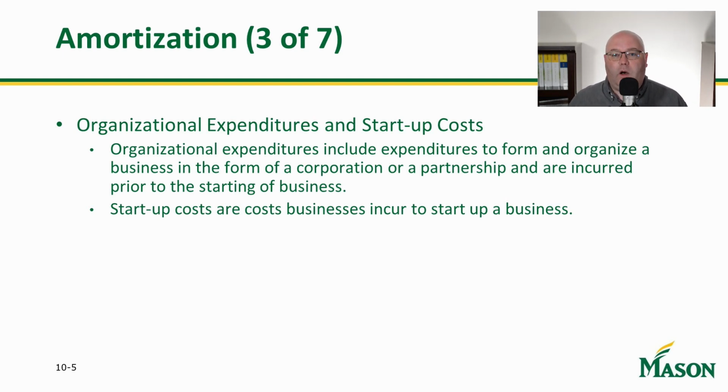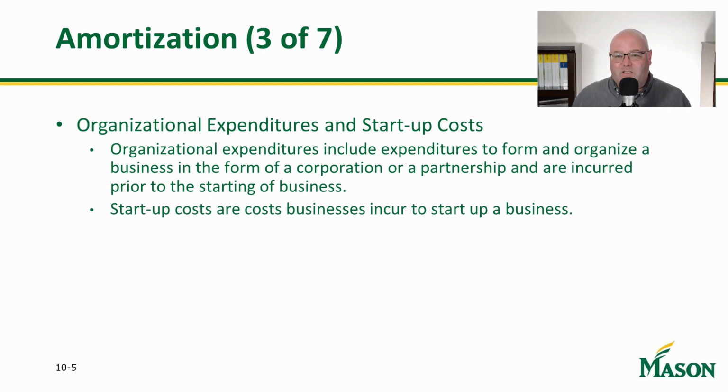Okay. So businesses, in the form of a corporation or partnership, will incur organization type costs. So if you hire a lawyer to get an organizational agreement done, an operating agreement done, you'll get articles of incorporation, things of that nature. Those are going to be costs that you have to amortize over time.